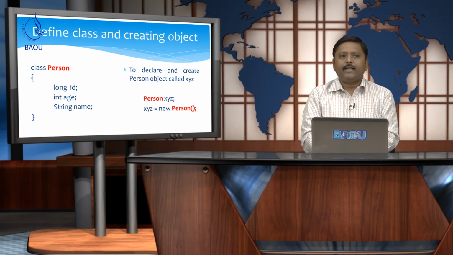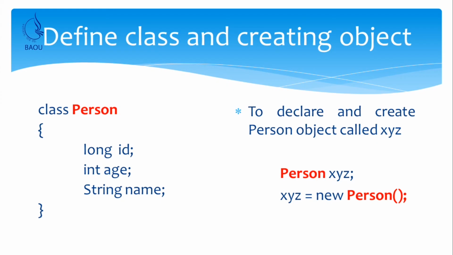Let us take the example of class person. In person we can have ID which represents ID of person. Every person has an age and name also. So, ID is of type long, integer represents age and name is a string.